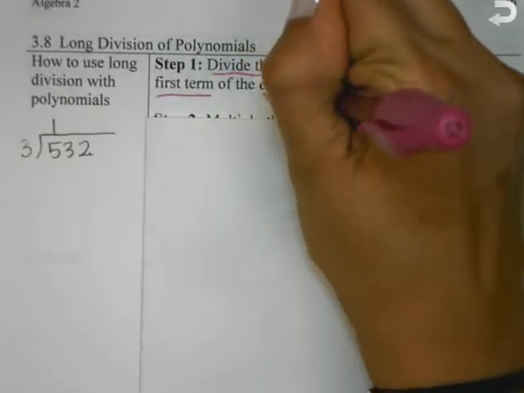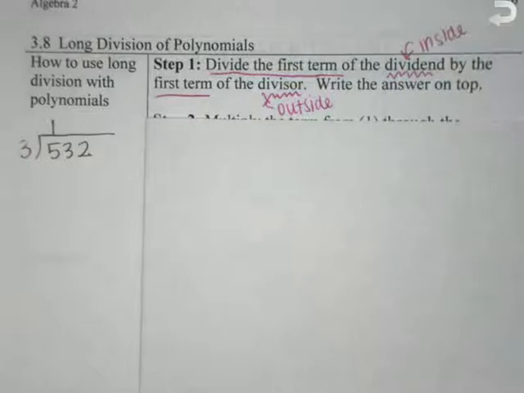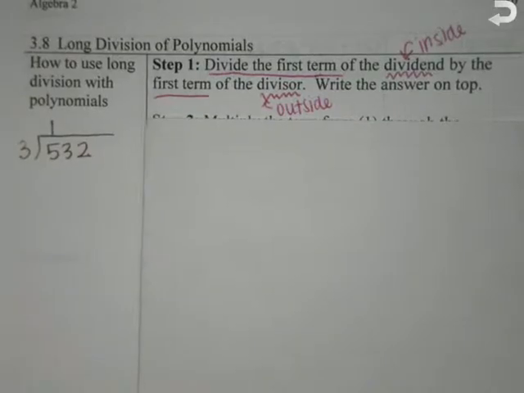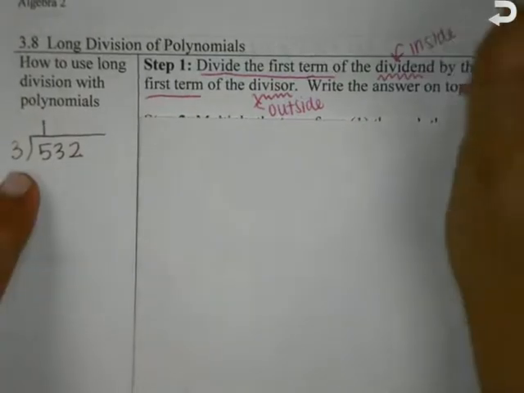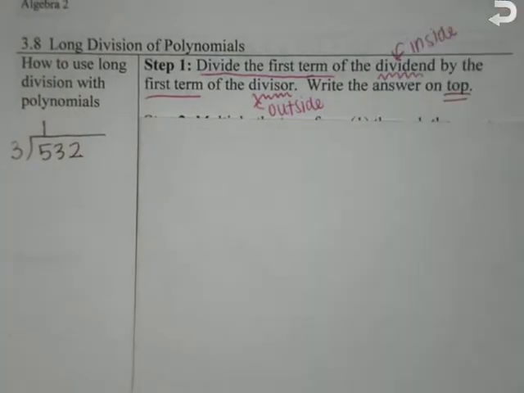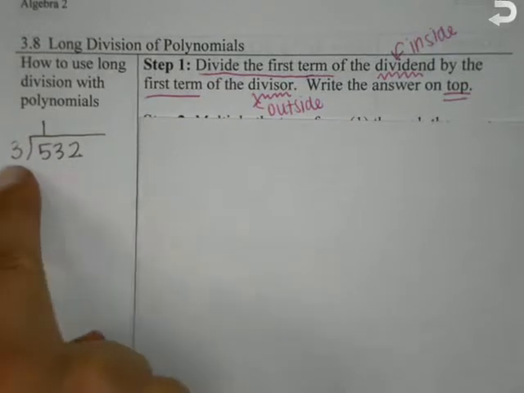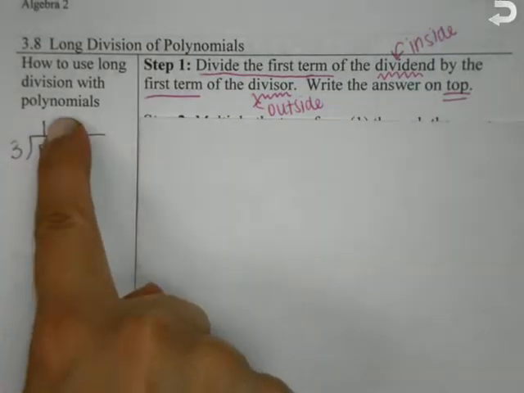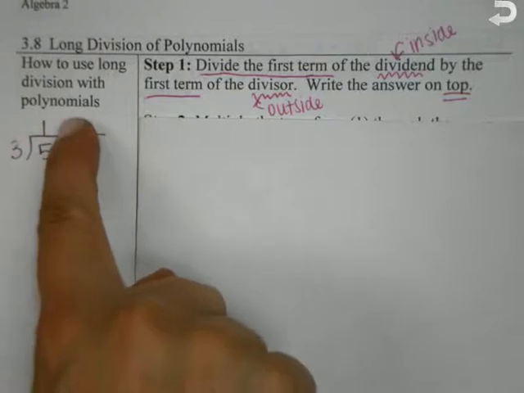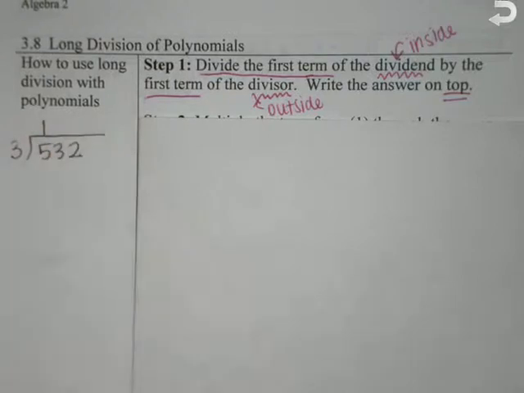That's just to get you guys practicing good mathematic vocabulary. And we always write the answer on top, right? So that's basically all we did here. We divided 5 by 3, and then we wrote the answer on top. Okay, so that's all you have to do very first.